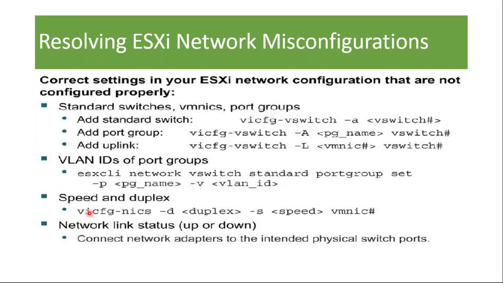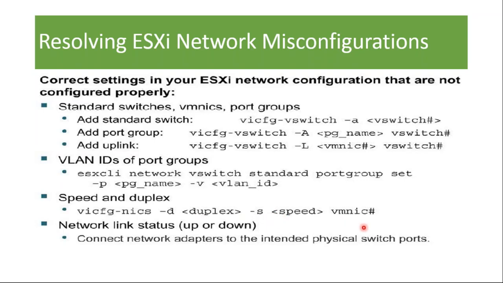And you can set the speed of your ESXi host physical NIC Ethernet card using esxcli network nic set -D. Then you have to provide the duplex type here, that is full mode, half mode or auto negotiation. Then you have to enter the speed.